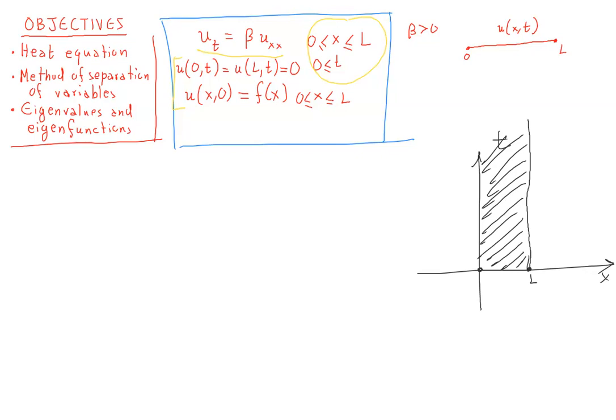And if you see what these conditions tell us, they tell us that we know the initial distribution. That's the second condition. We know the initial distribution of temperature, and the first condition really tells you that along these vertical lines of the domain of definition of this differential equation, the temperature is also known. So the function is also known, and it's equal to 0. Okay, that's how this works. Any questions, please?